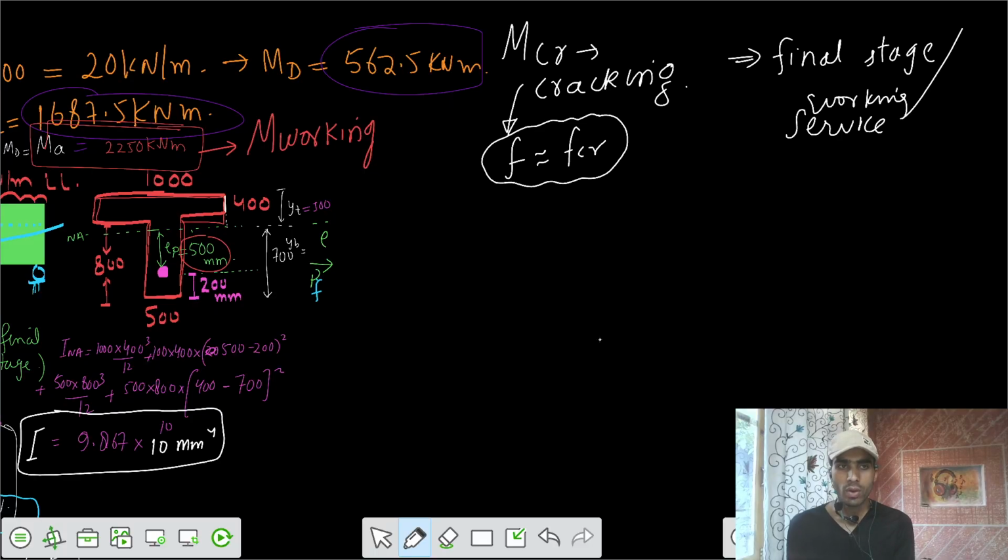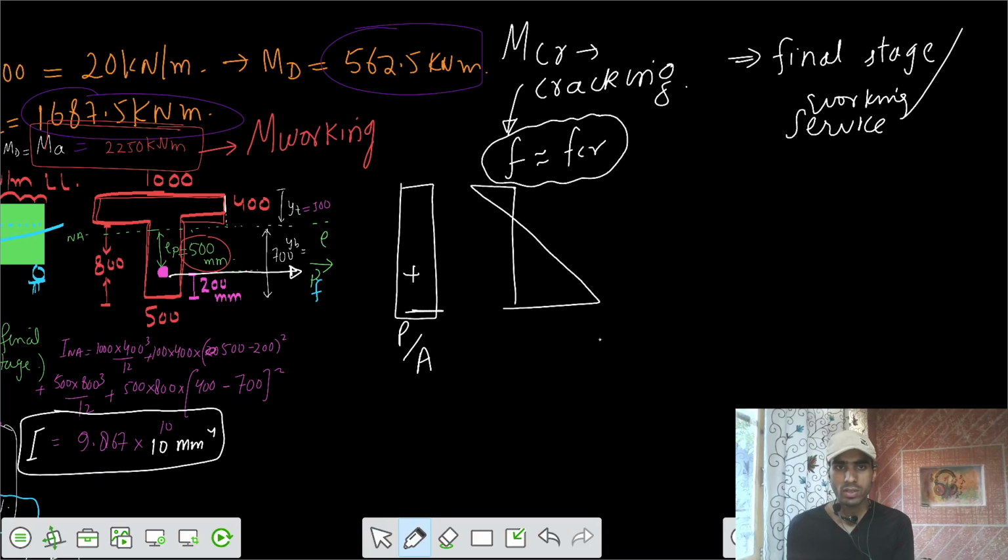I would say you're applying some load P at some eccentricity from the neutral axis, such that your stresses have that value of P by A, and one more. We are calculating stresses at the bottom, because for the final stage your stress diagram is somewhat in this fashion. This is your final stress diagram at the final stage.